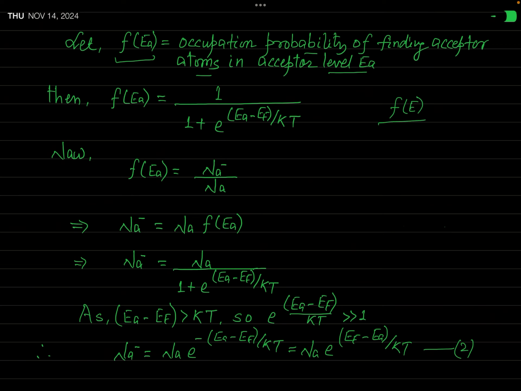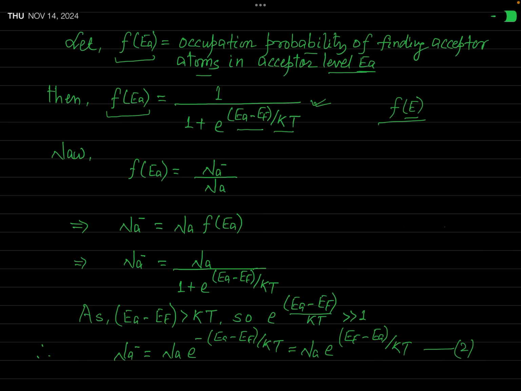This is the measure of the probability of finding particles in an energy level E. So if you want to find the probability of finding acceptor atoms in the acceptor level having energy Ea, then according to the Fermi-Dirac distribution function, F of Ea is defined like this. This will be equal to 1 over 1 plus e to the power (Ea minus Ef) over kT.